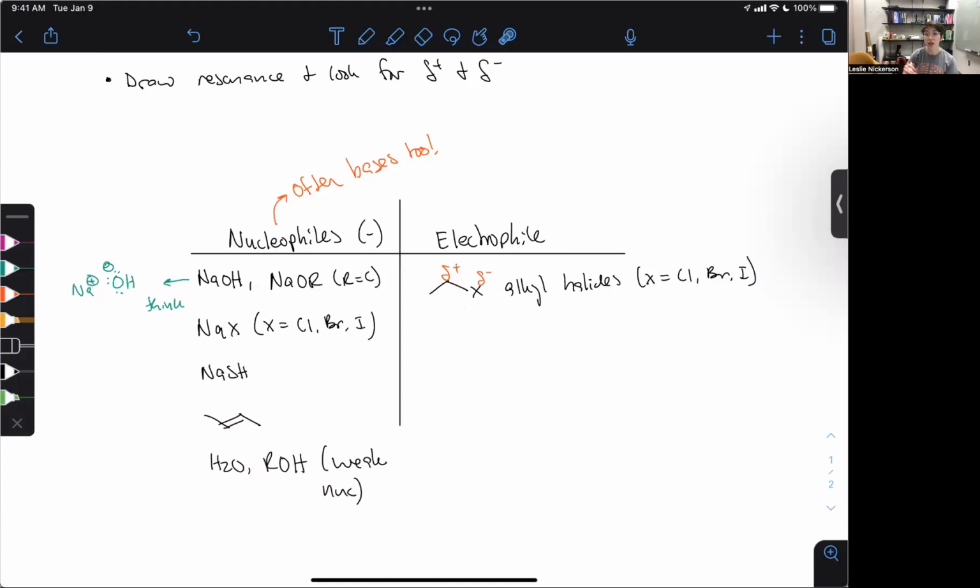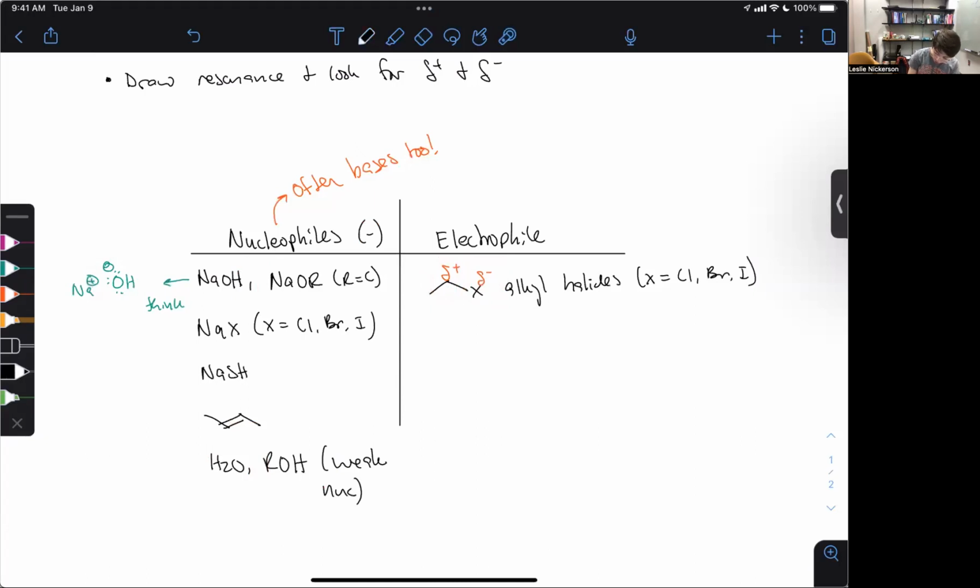So the halogen does not want to be making two bonds and becoming positively charged. So it's much more likely for this to react as an electrophile, and then we can have something that comes and attacks here, and then we can use our alkyl halide as a leaving group to push off, okay?